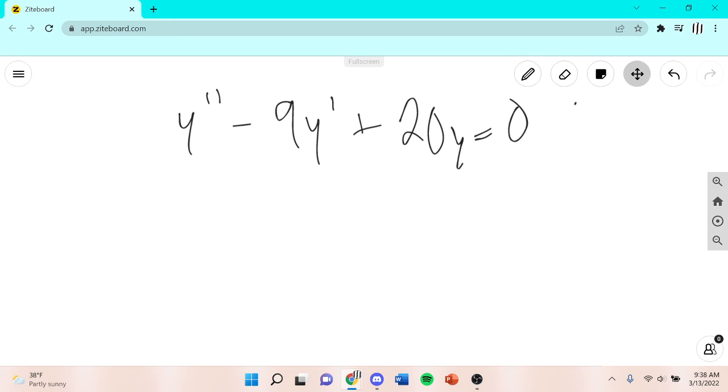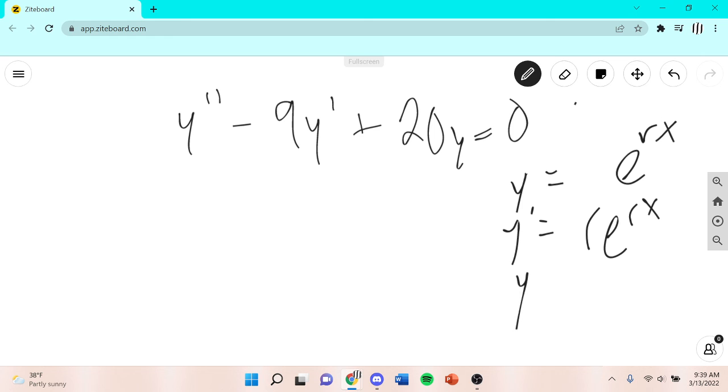So what we want to do is transform this differential equation into something quadratic. So what we do is we set y equal to e to the rx. The reason we do this is we know the derivative of e to the rx, because it's just a chain rule, you're going to get r e to the rx, and you get y double prime is equal to r squared e to the rx.